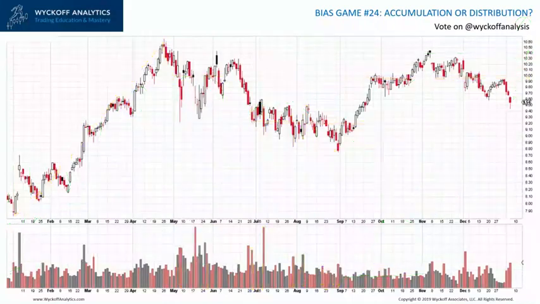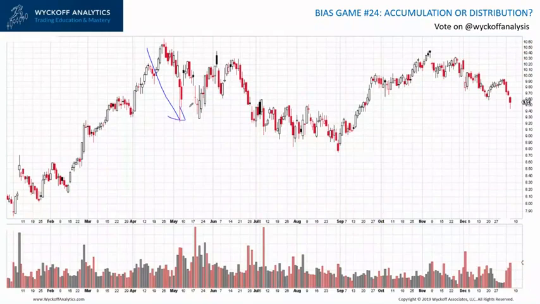All right, well, let's look now at the last portion of this chart. We have had two major reactions, and then we are having the third one.